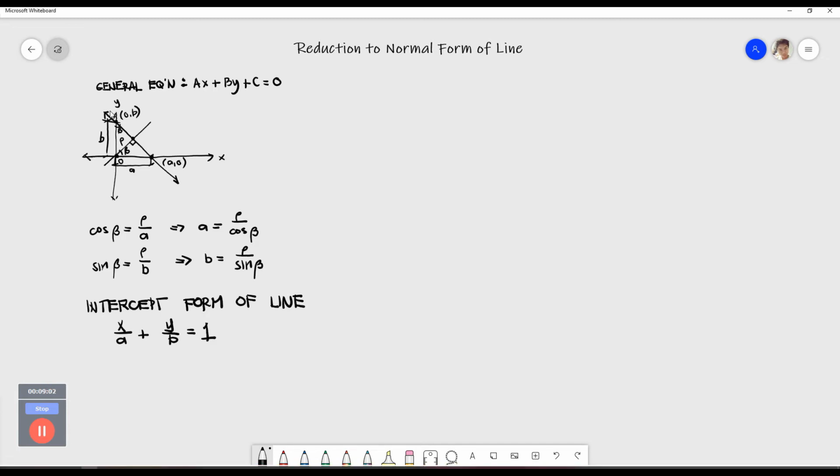Substituting the values of the x-intercept and y-intercept into our intercept form, we can say that x over a is x over rho over cosine of beta.